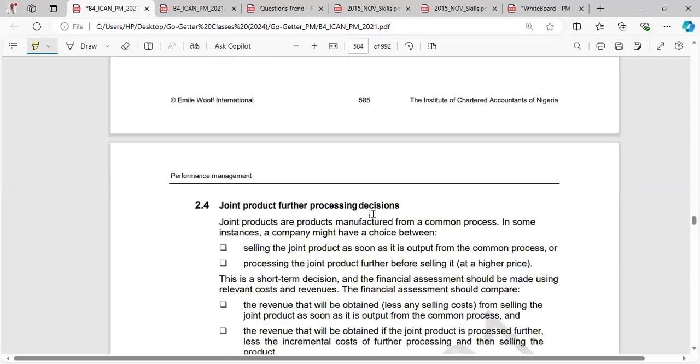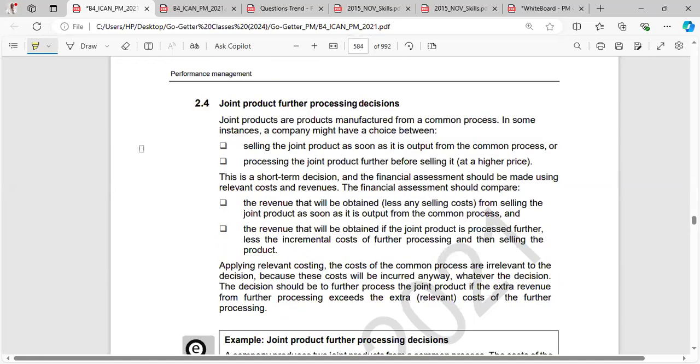Now that we've done that, let's look at joint products and further processing decisions. Joint products are products manufactured from a common process. In some instances, a company might have a choice between selling the joint product as soon as it is output from the common process, or processing the joint product further before selling it at a higher price.